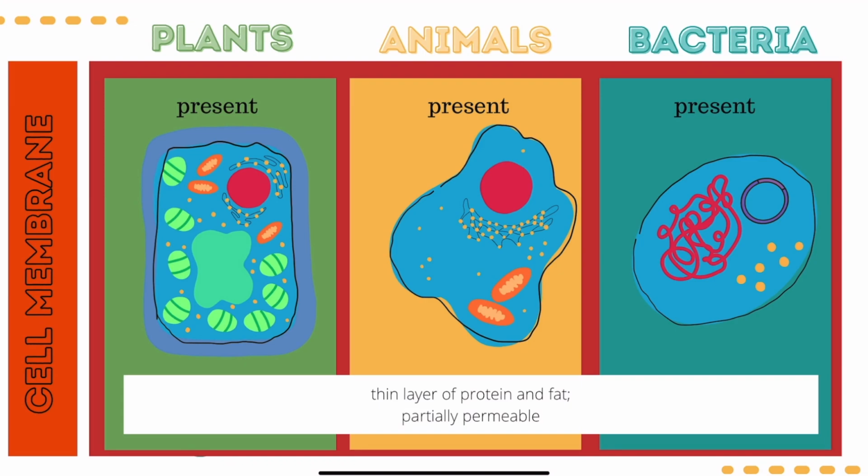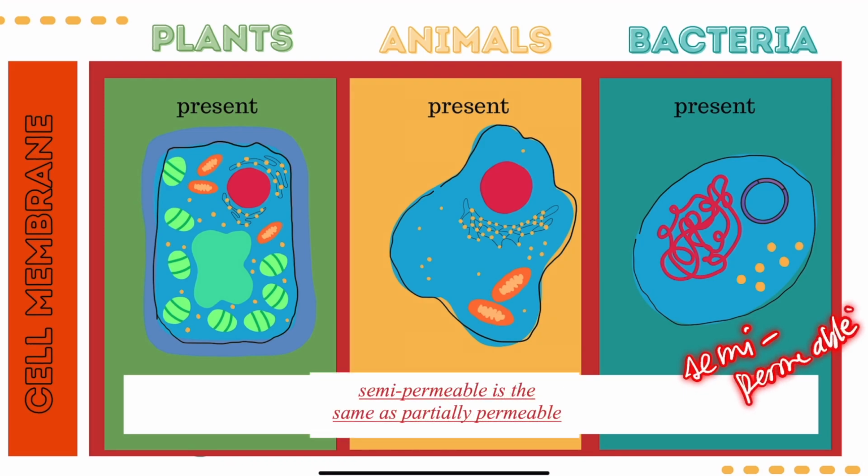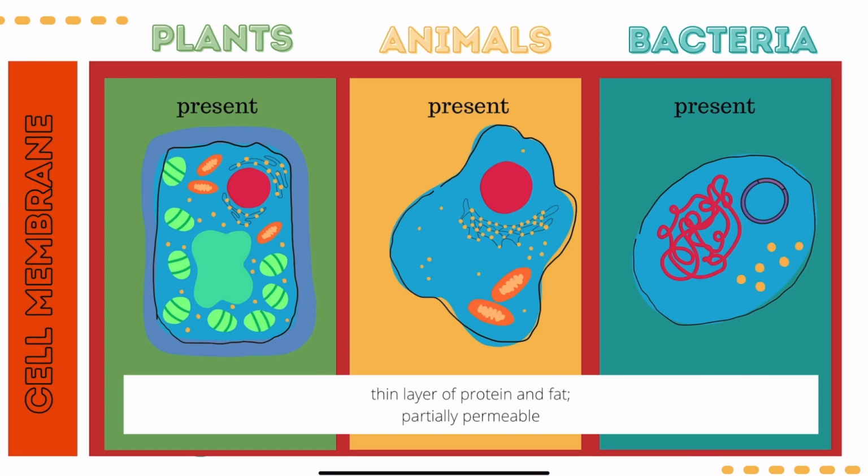Cell membranes are partially permeable that forms a boundary within the cytoplasm. What do we mean by semi-permeable? Semi-permeable just means that it has an ability to regulate the substances specifically that go in and out of the cell.